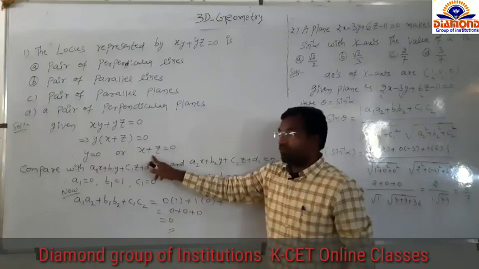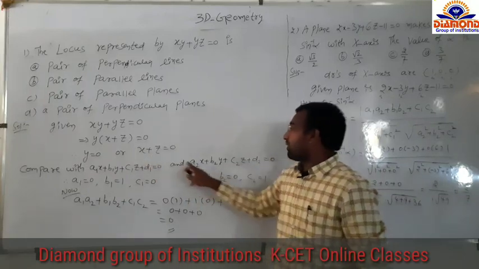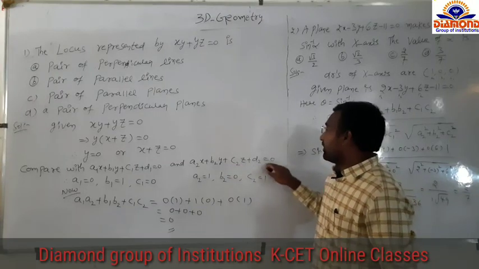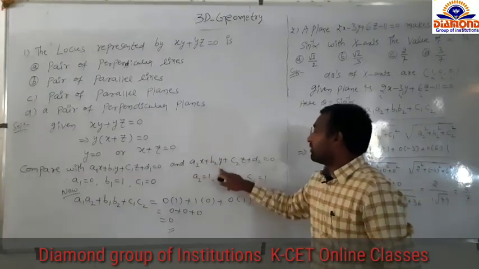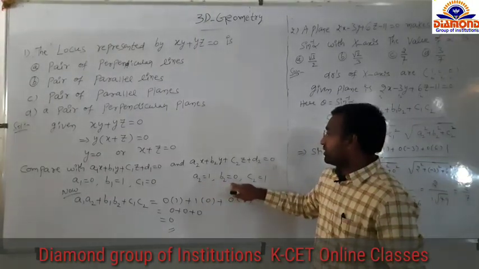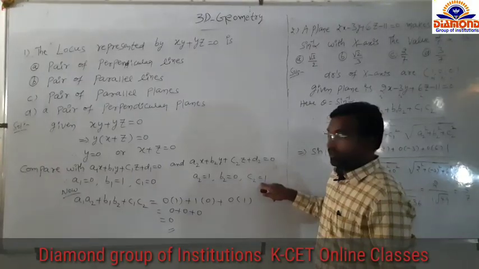Next, the second equation x plus z equal to 0, compare with a2x plus b2y plus c2z plus d2 equal to 0. You get a2 equal to 1, b2 equal to 0, c2 equal to 1.